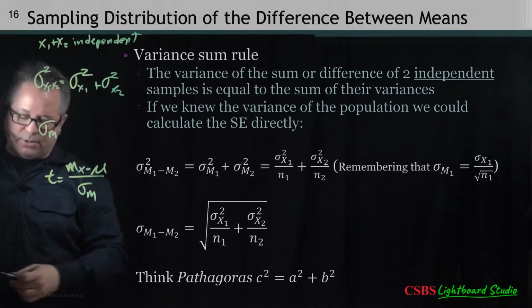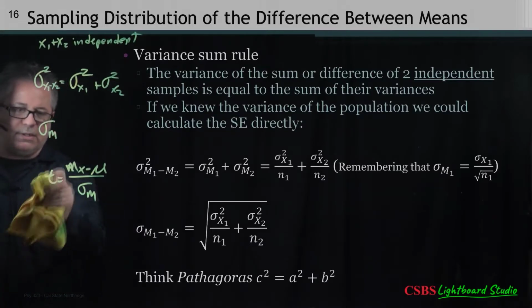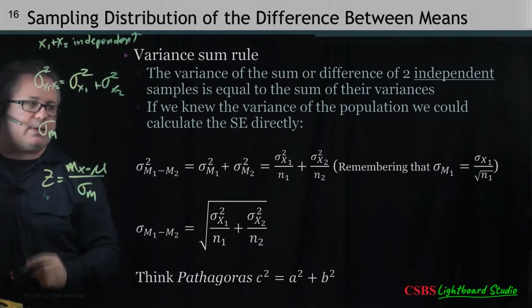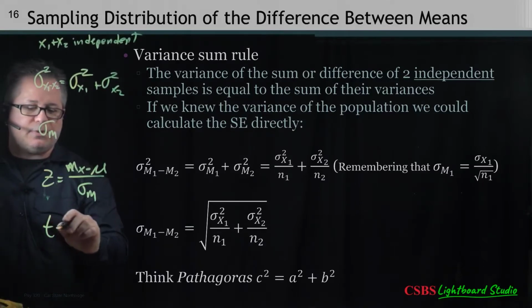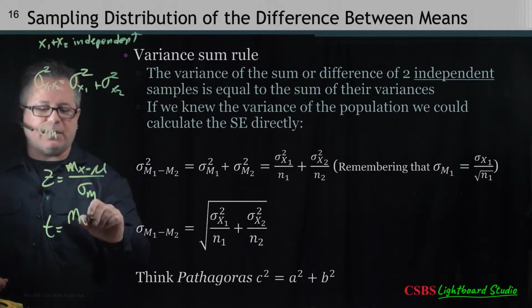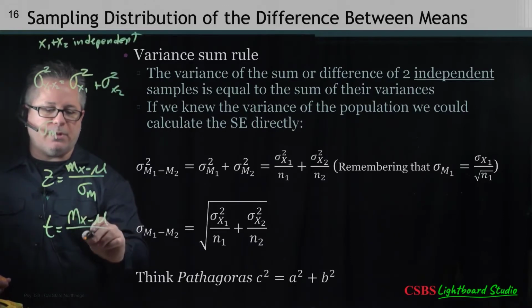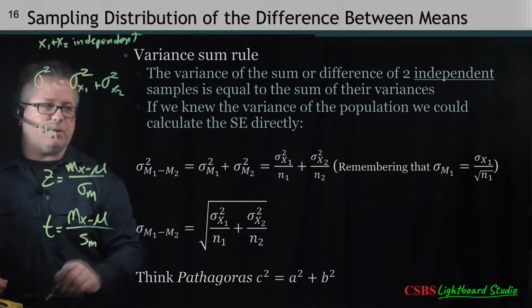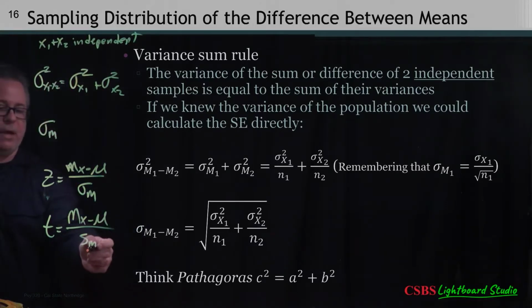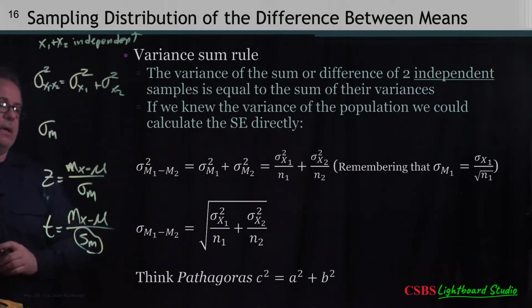If this were a z-test, z's actually had the sigma in there. So for a z-test it would be like that, where the t was just a mild transition, a little shift, where the top looked the same, but we substituted our sample standard deviation in, and we got a standard error of the mean based on our s.